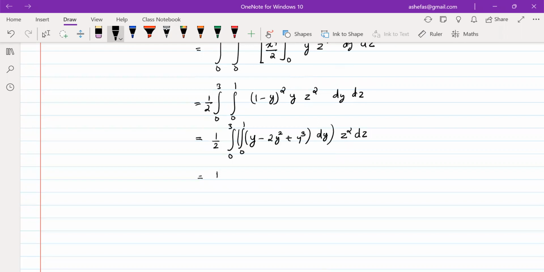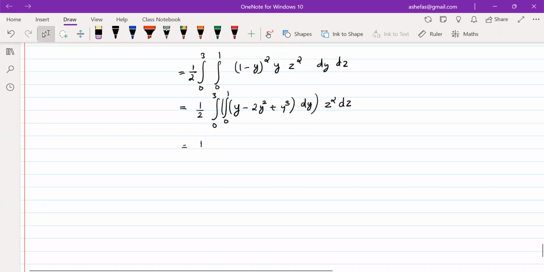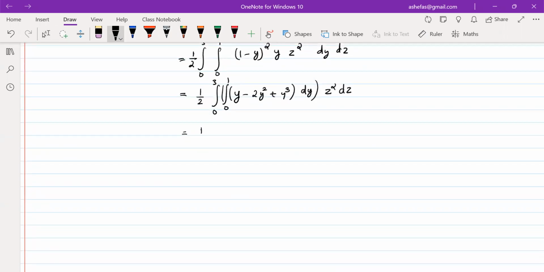So it is equal to 1 by 2. And this integration will be y square by 2 minus 2y cube by 3 plus y raised to 4 by 4, and the limit is 0 to 1, and we have z square dz.